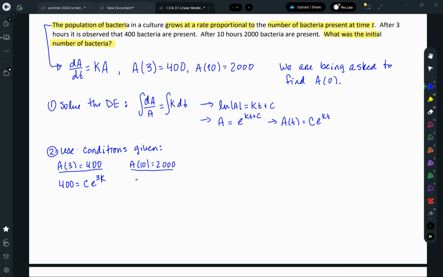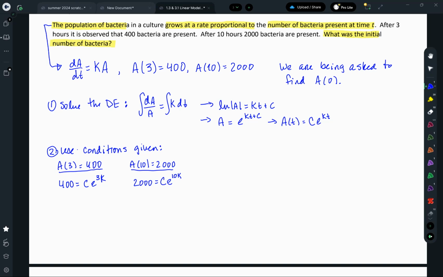And that tells me that 2,000 is equal to C e to the 10k. Well, in each one of these, I could solve for C in one of these and substitute it into the other one and see what I come up with.